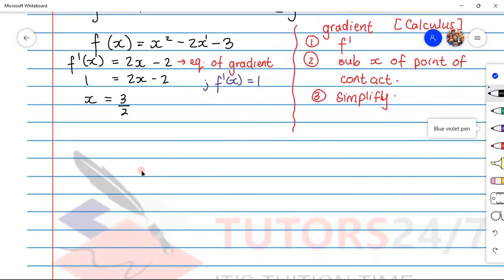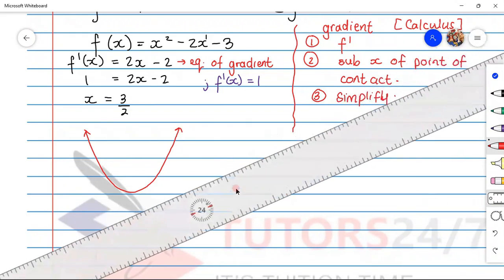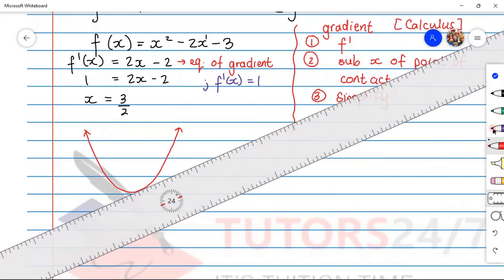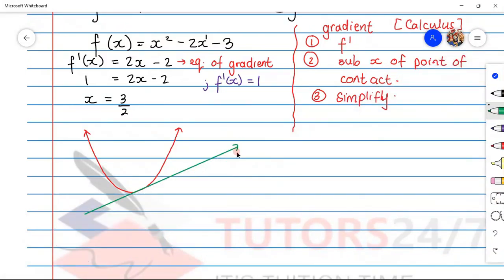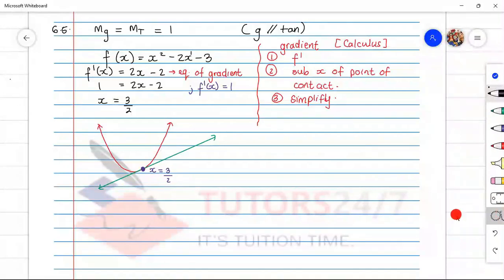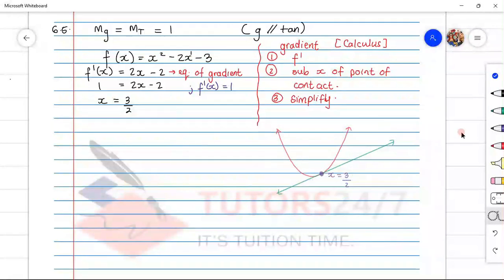So basically we've got this function f that looks like this, and we've got this tangent to our function f that we need to find the equation of. So this value x that we found is our point of contact, 3 over 2. Let's move this diagram to the side so that we can continue solving our question.